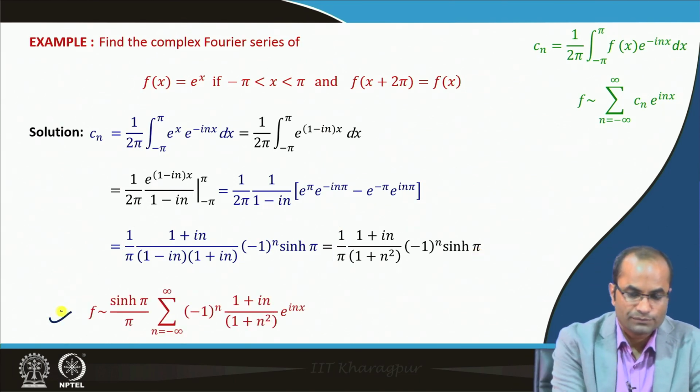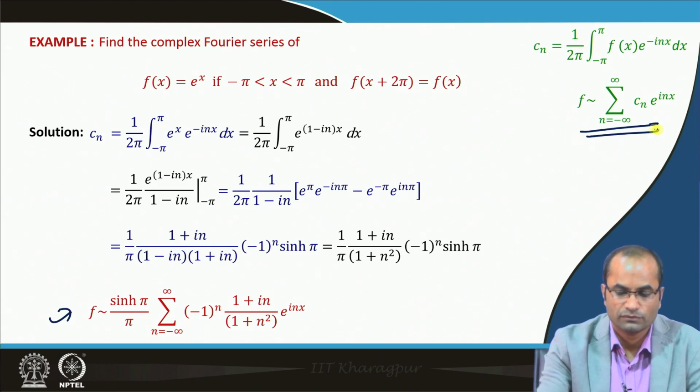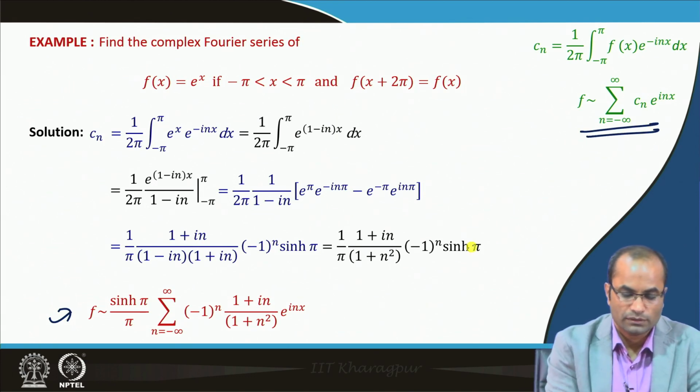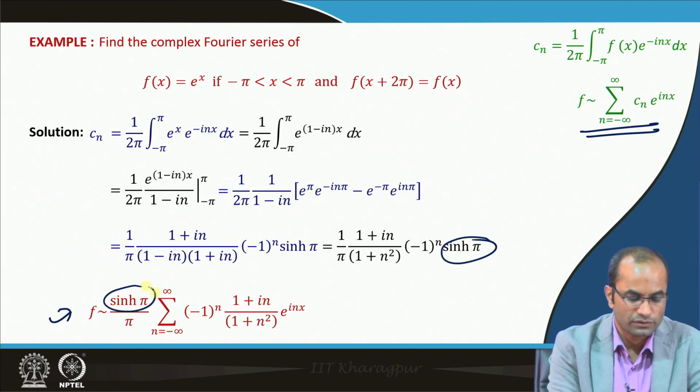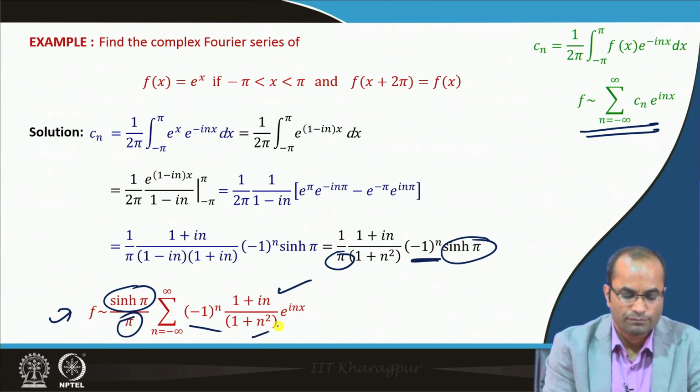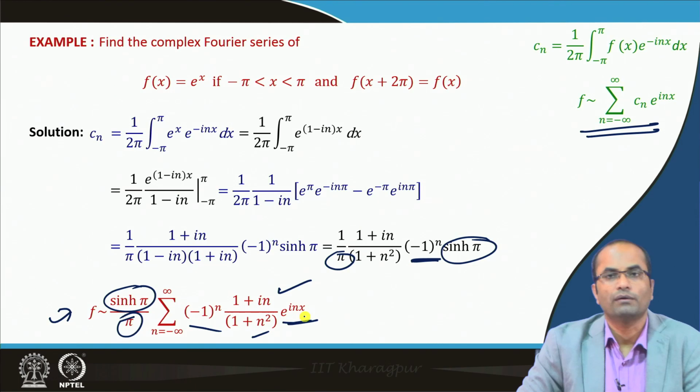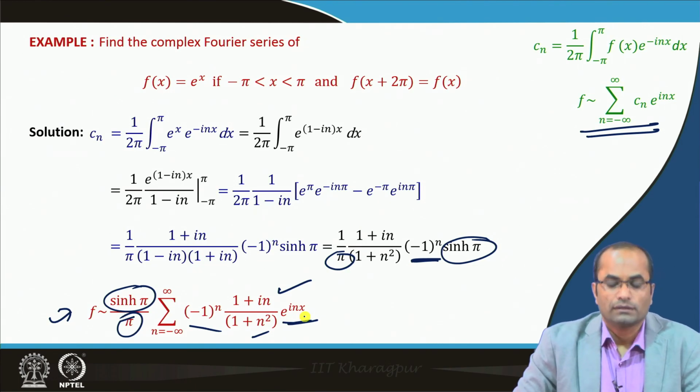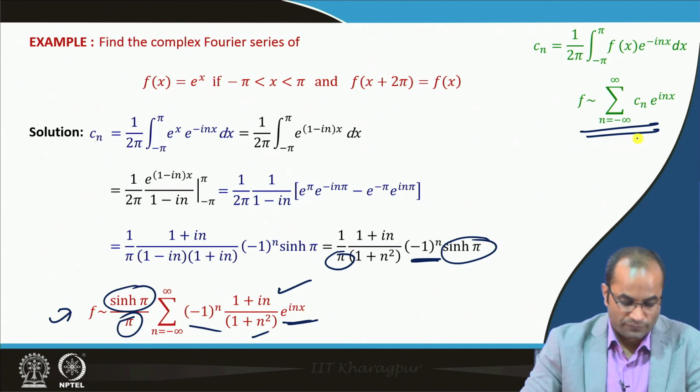So, then we can substitute this coefficient c_n in the Fourier series. Sinh pi is a constant term, pi is also outside, then we have (-1)^n and then (1 plus in) divided by (1 plus n squared), and then e^(inx) as a result of this Fourier series.